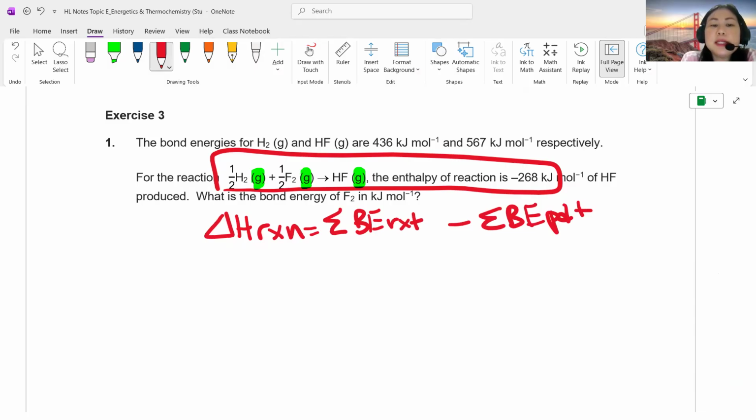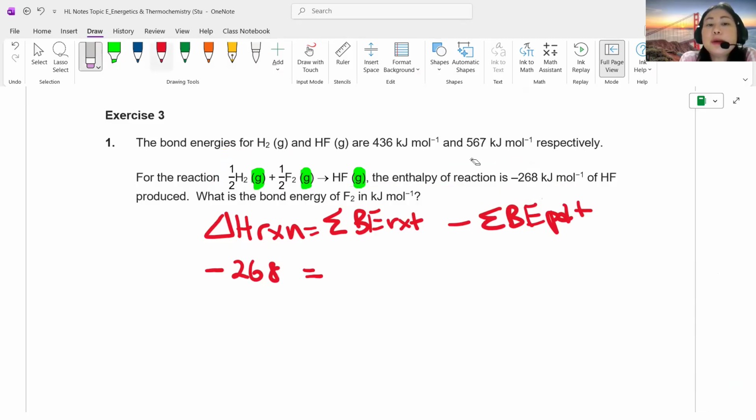So delta H of reaction is given as minus 268. Reactant. So you were to draw out. Last time you learned how to draw it out and then you can see. So now I do not have one HH bond. I have half a HH bond, right? So I need to multiply by half. So one HH bond is 436. So I need half times 436.